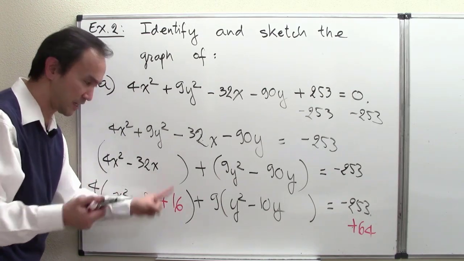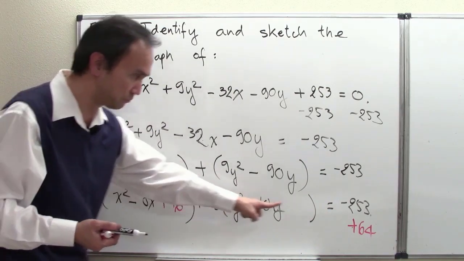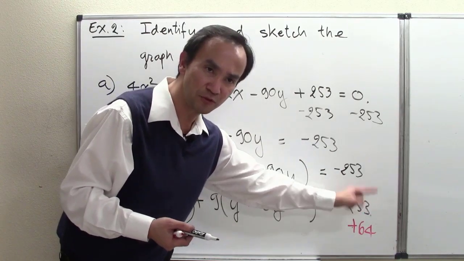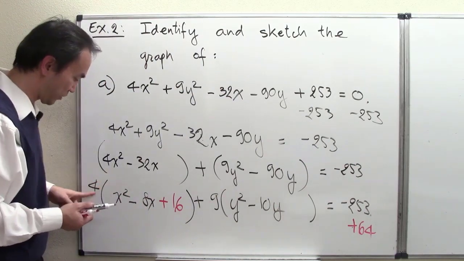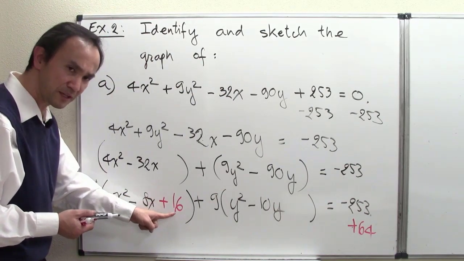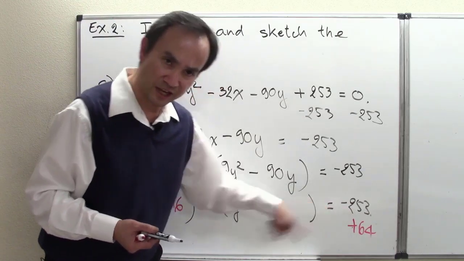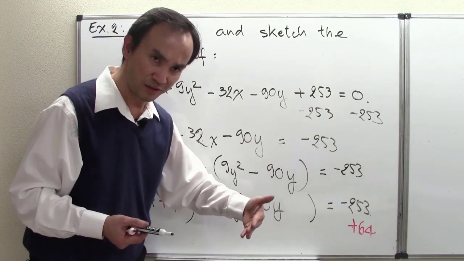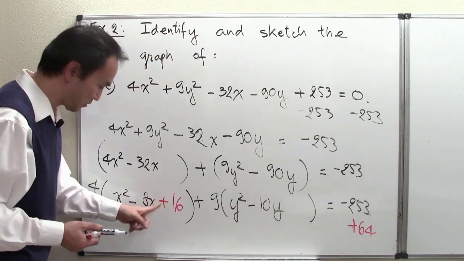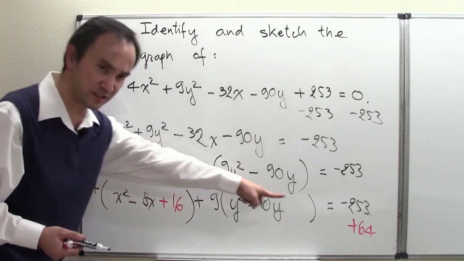But that means at the same time I need to add 4 times 16, which is 64, to the opposite side as well. Because when we distribute out the 4 right here, we're looking at 4 times 16, making a 64 on the left-hand side, and that other 64 on the right-hand side will cancel out and undo that work we purposely added. So that's why I chose to add 16 here, and then 64 on the other side.